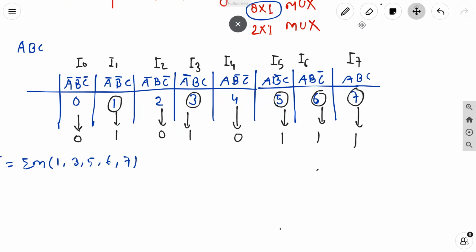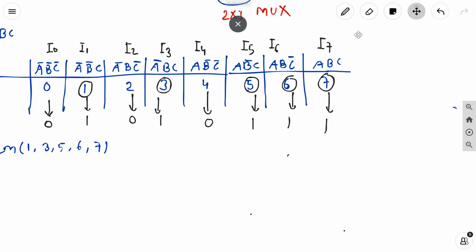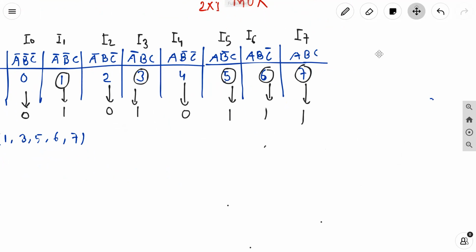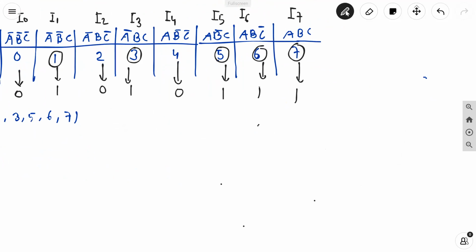Now we will draw this 8:1 mux. This is the 8:1 mux.